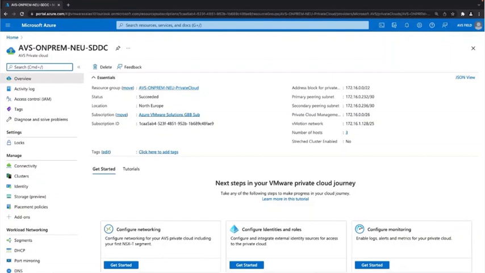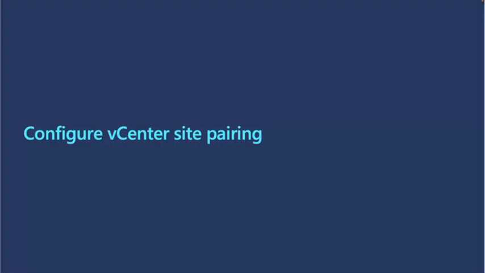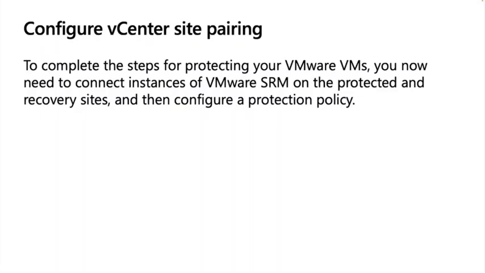And I think, Amy, you're going to be covering the next step. Yes, the next step is configuring your vCenter site pairings, as part of the SRM process. To completely protect your VMware VMs, we have to connect each vCenter instance so they can talk, and we can map folders, data stores and networks, and run protection policies based on that information.